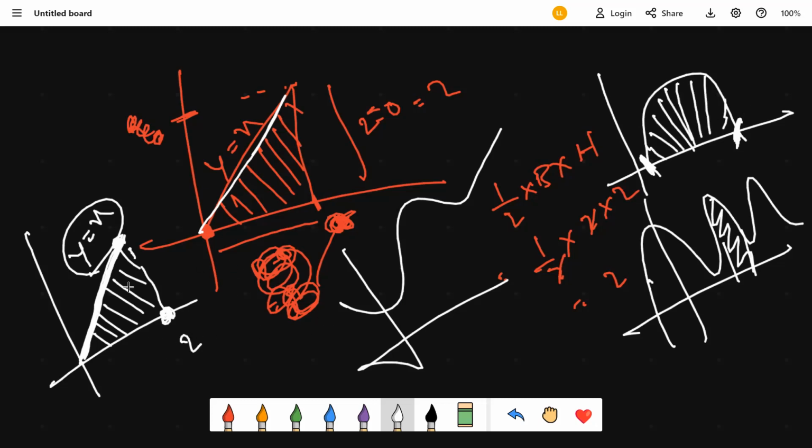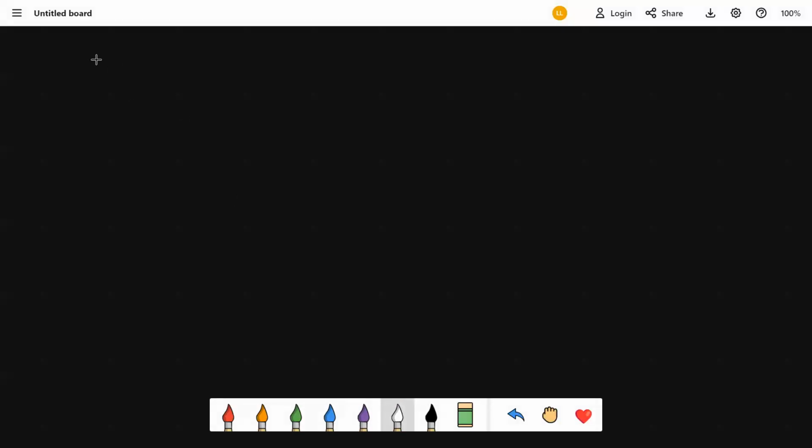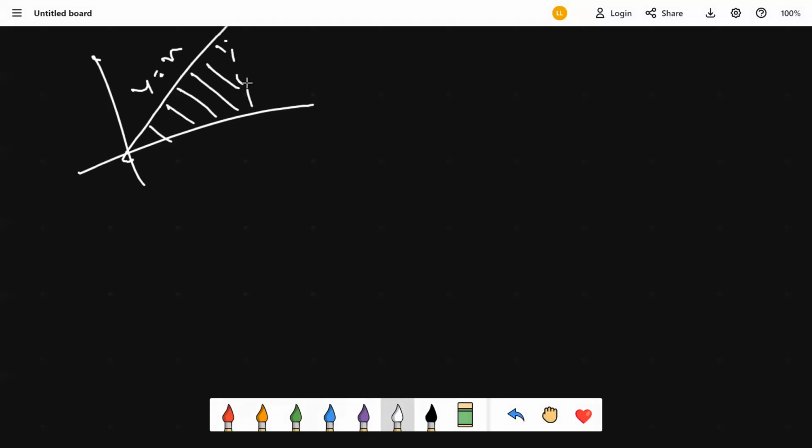So let's try this with this equation, a straight line equation, at first. Let's clear up the board. So we have been given, let's say, the equation as y equals x, and they are asking us to find the area under this curve. And the x coordinate given here is 2. So how do we deal with this?